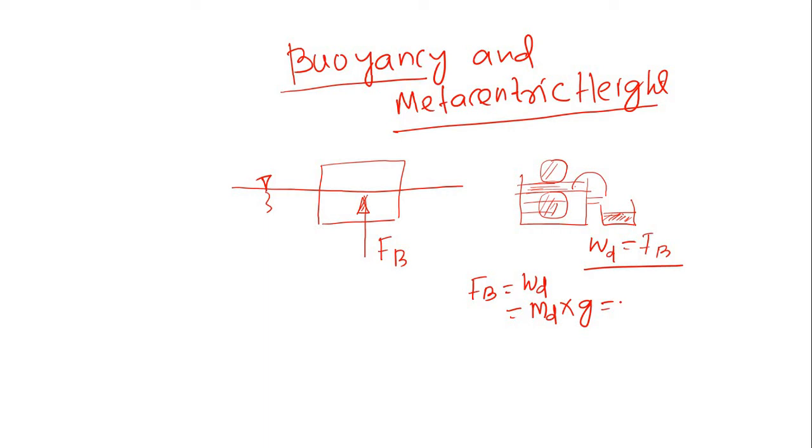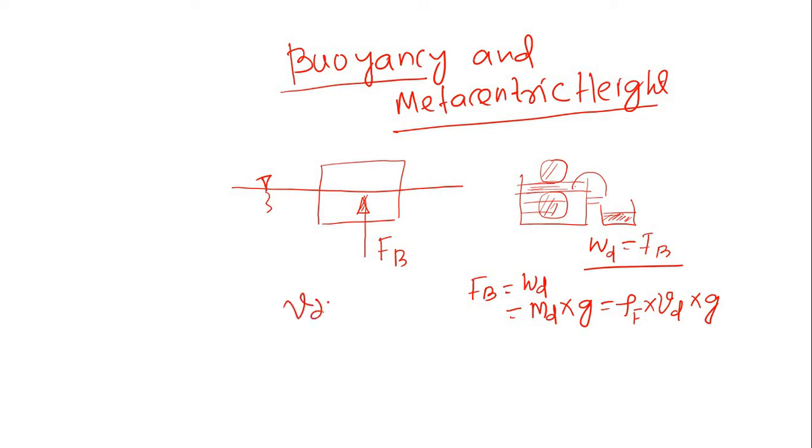So what is the mass of the displaced water? It is the density of the fluid times the volume displaced, times g.